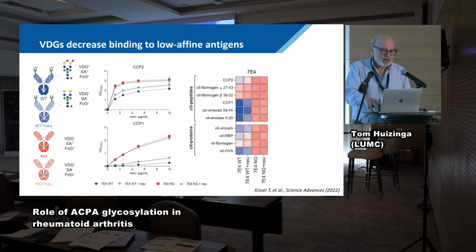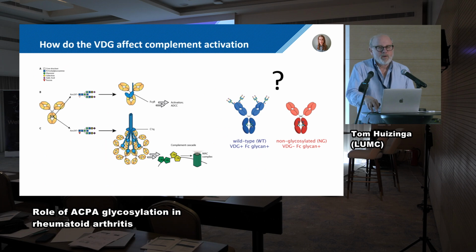So, even more, can it also affect complement activation? It made sense with the talks we heard yesterday. I think Gestur already said that for complement activation you need hexamerization. And you can easily think that if there is some sugar here, this hexamerization is not as easy.